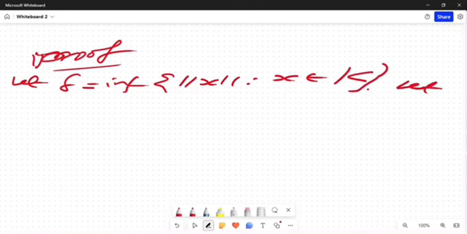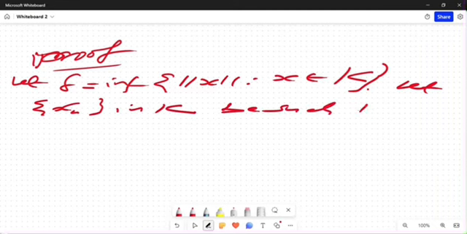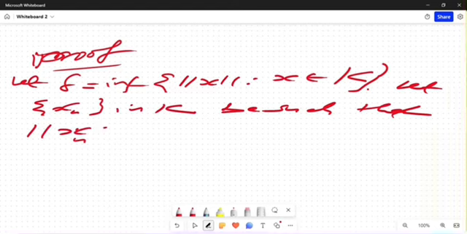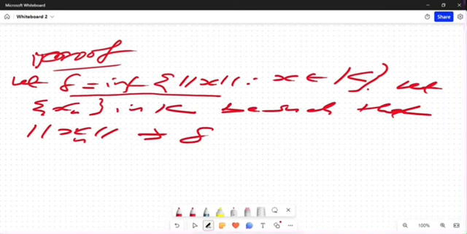Now let a sequence, call it x_n, be a sequence in K such that the norm of x_n converges to delta. I'm sure you recall how delta is defined: delta is the infimum of the norm of x such that x is in K. So we have a sequence in K whose norms converge to delta, defined above.